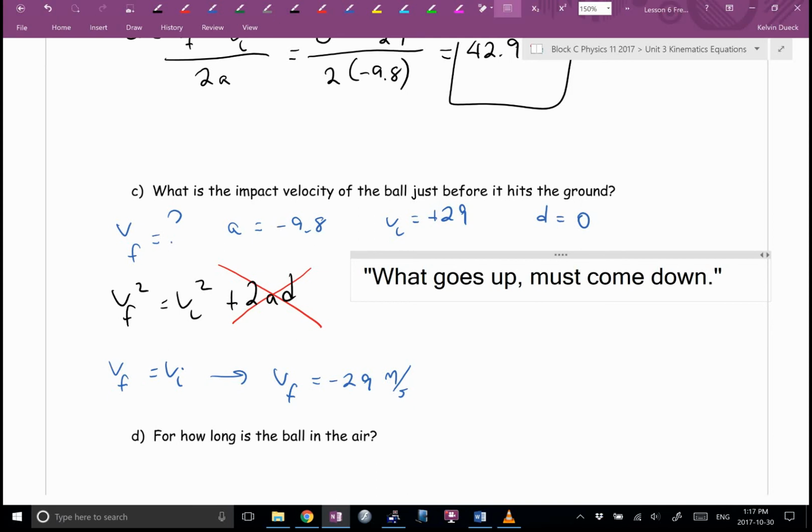Now, the reason that's the case is because your displacement is 0, since you started and ended on the same height. And there's our algebraic proof, Oliver. You do get VF equals VI. You don't get the negative VF, but that's because your calculator assumes you want the square root. In this case, I actually would want the negative square root. You can put a little negative in front of there if you want to. Question, or is that okay?